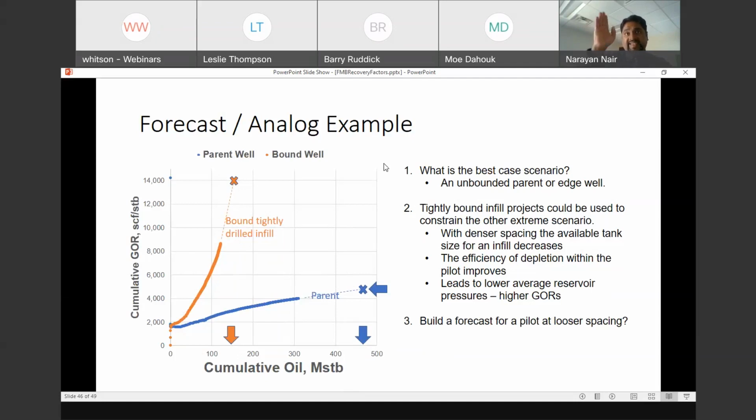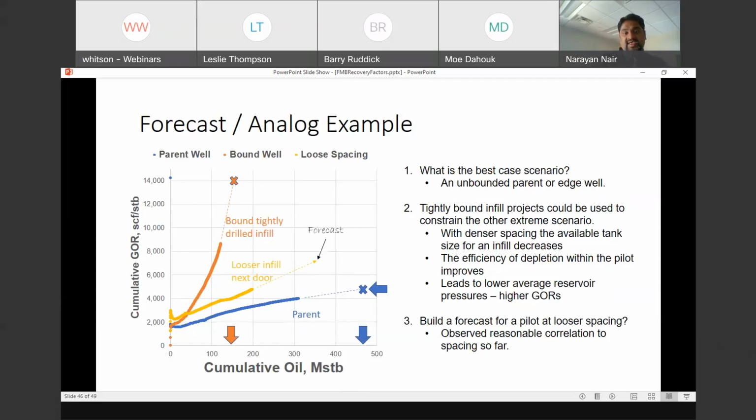At least you have a line of sight as to where your ultimate ratios are headed by looking at an analog of tightly drilled infill and the other extreme, which is an unbounded parent well. So the question is, how will a loosely drilled pilot perform? And here's how we contextualize the forecast: we plot some of our newer infills in this context, and we build our forecasts somewhere between these two extremes.